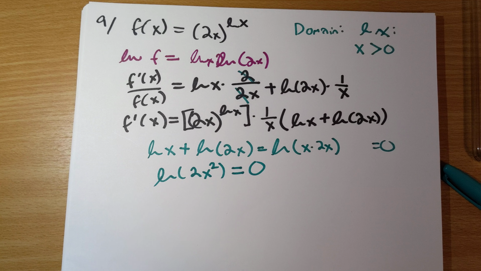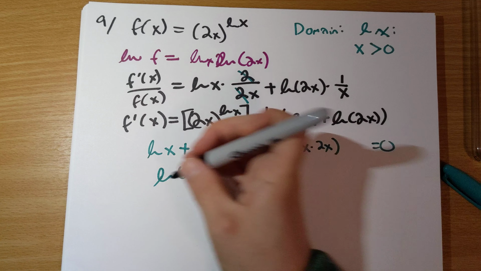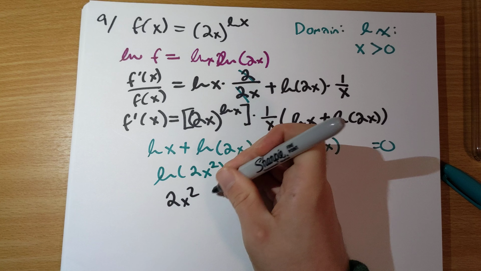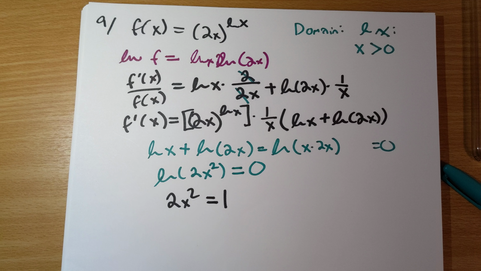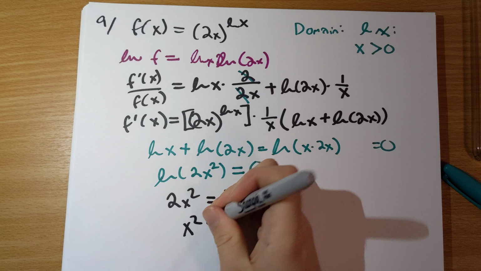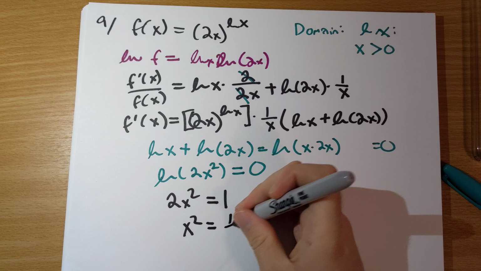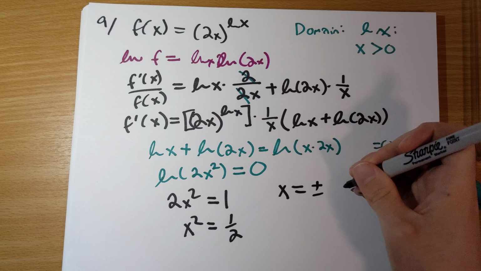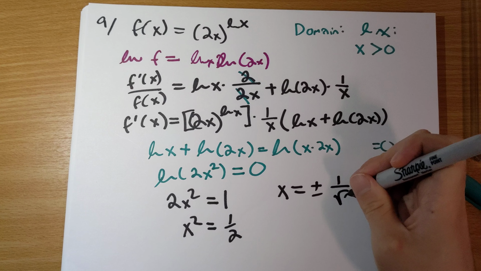When is the logarithm of something equal to 0? Well, that means that the thing on the inside, 2x squared, must equal 1. And if 2x squared must equal 1, then x squared must equal 1/2, or x must equal plus or minus 1 over the square root of 2.